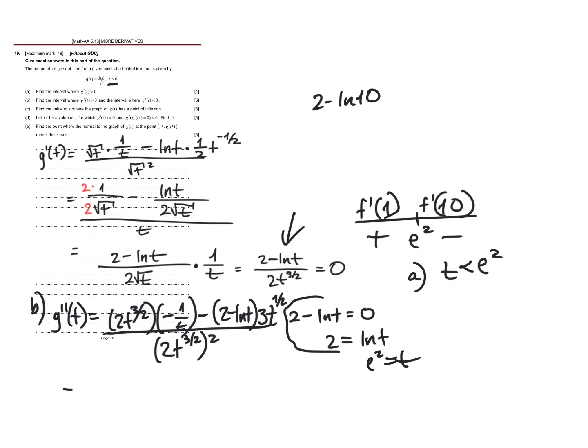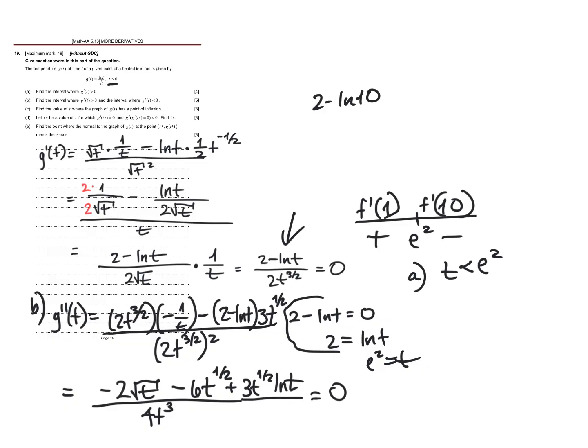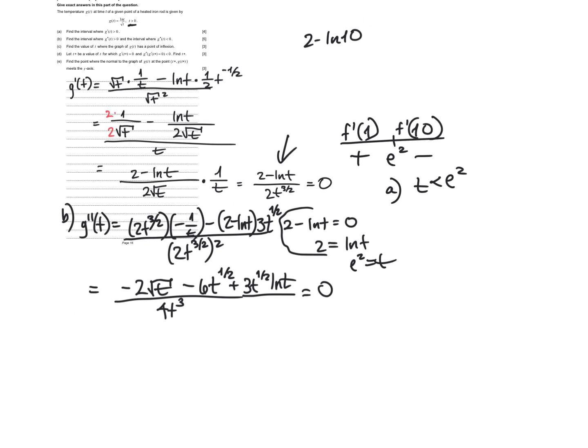All right, so if we just simplify this a bit, we're going to have 4t cubed on the bottom, and then we're going to have negative 2t to the 1/2, which I'll write as square root t. And then we have minus, so 6t to the 1/2 plus 3t to the 1/2 natural log t. All right, let's set that equal to 0 and find when the second derivative is 0.